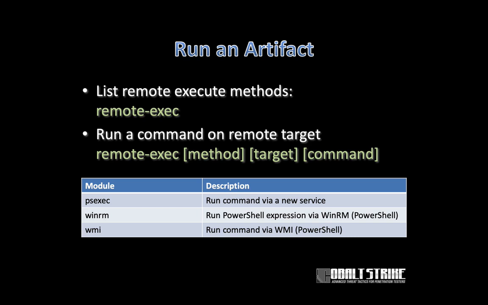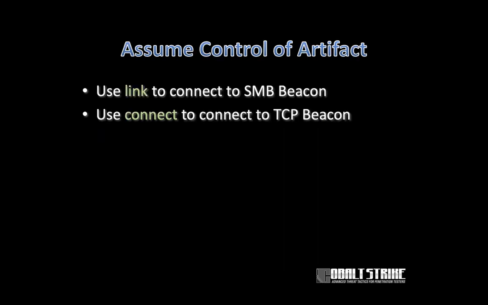You can create new methods with Aggressor Script, or you can use one of the built-in ones. To see the methods currently registered in your Cobalt Strike client, do remote exec by itself. And to run a command on a remote target, do remote exec, method, target, whatever command you want. The three built-ins are psexec, winrm, and wmi.